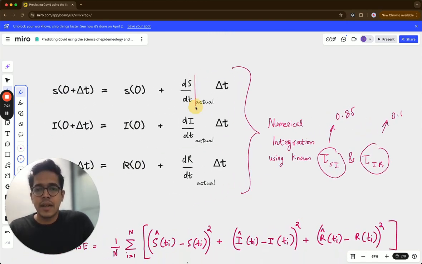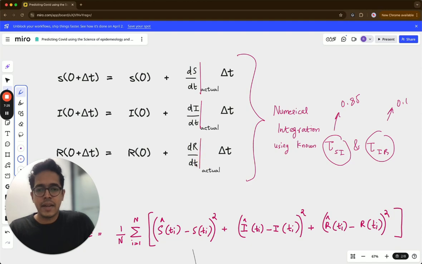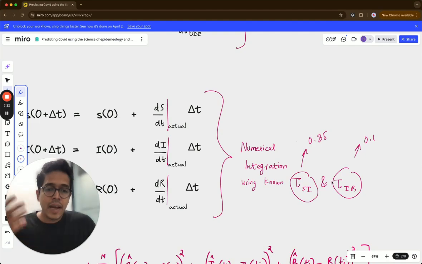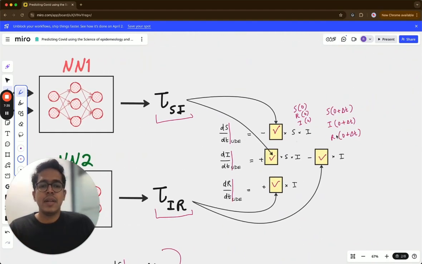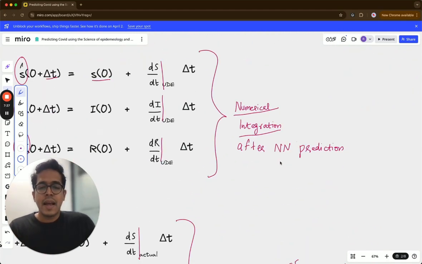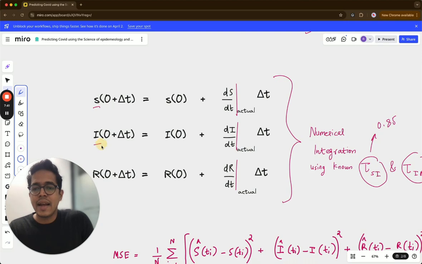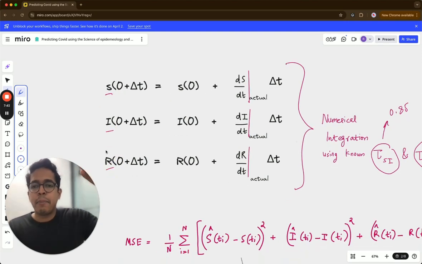So basically, instead of using the predicted dS by dt, predicted dI by dt, and predicted dR by dt, you use the actual dS by dt, actual dI by dt, and actual dR by dt. How? By plugging the known values of the interaction parameters into the SIR model over here, and then using that to numerically solve for S, I, and R for various time points. So it won't be just for t equals 0 plus delta t, it will be for various time steps.